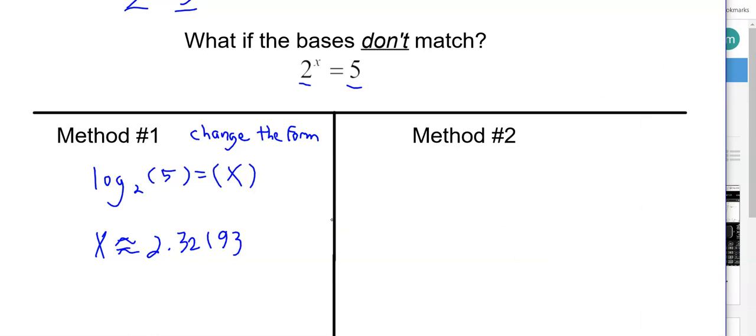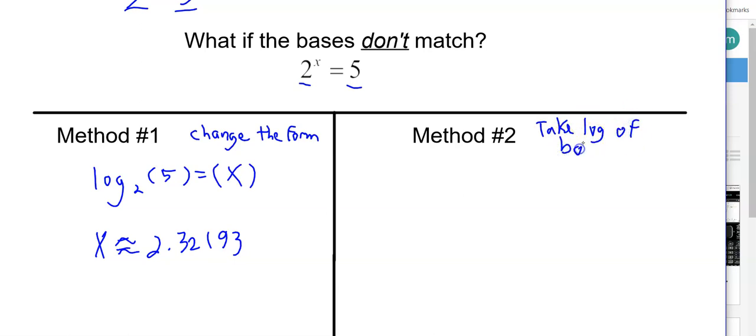I'm going to show you another method. It's kind of elegant. It takes a little longer to do, but let's try it. I'm going to call it this way: take the log of both sides.